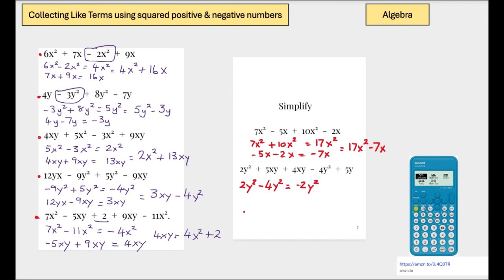Okay, so then we have 5xy plus 4xy, which equals 9xy.